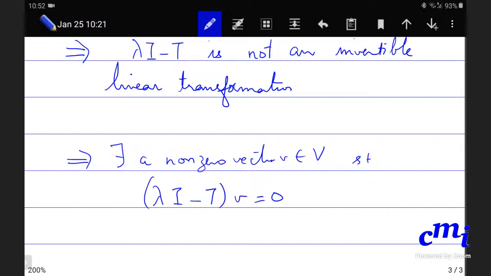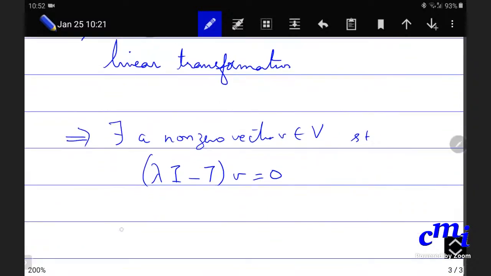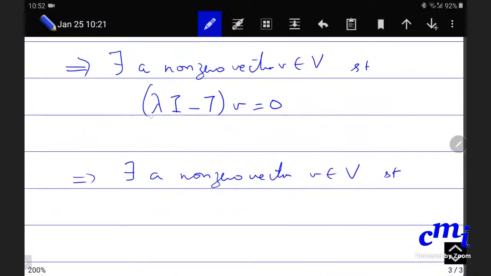But what does this mean? This just means that there exists a non-zero vector V in V such that lambda times I times V, which is just lambda V, is equal to TV.